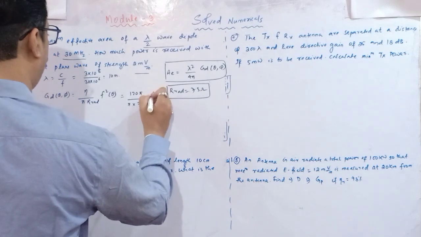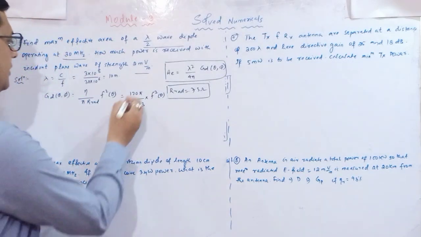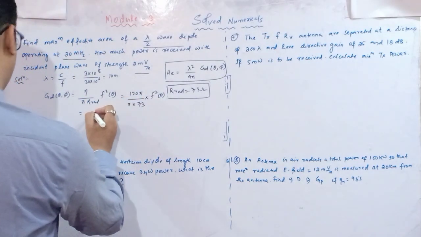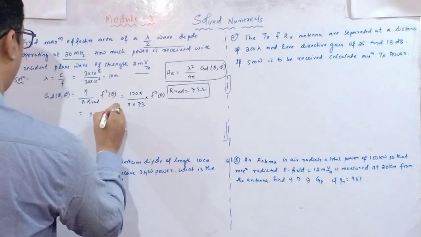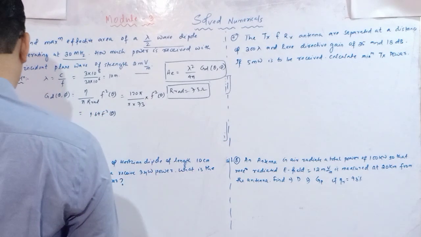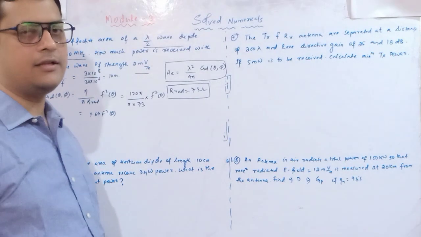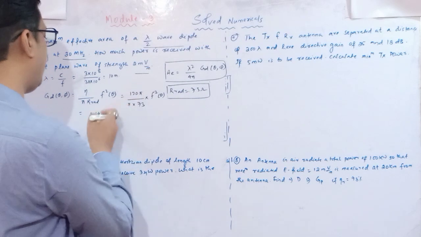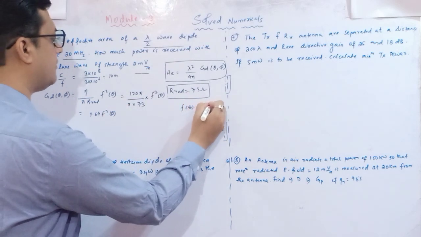Or you can write it directly as f square theta. Later on we can substitute this value. So if you solve this, you will get around 1.64 f square of theta. This f square of theta maximum value is 1, because sine square theta, it is half wave dipole, this function we have f of theta is equal to sine theta.